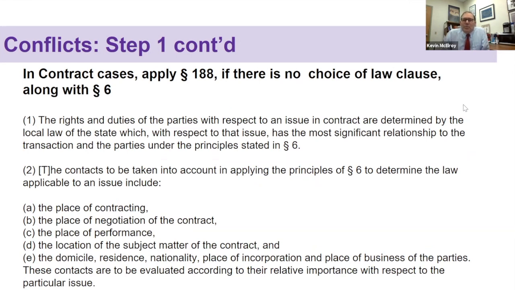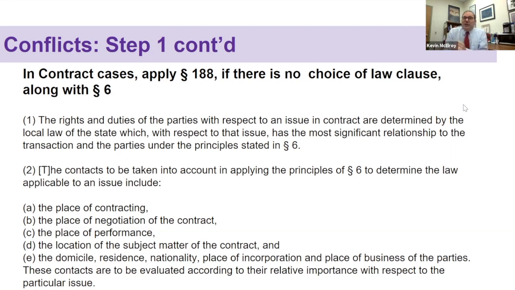So what do we do? This looks a lot like what we do in torts. This is section 188, where in torts we went to section, what was it, 146 or something. Okay. Along with section 6, you look at the place of contracting, which is like torts, the place of injury.